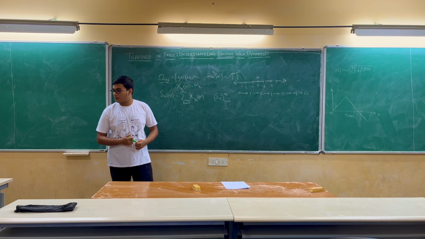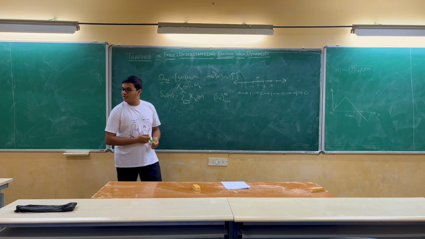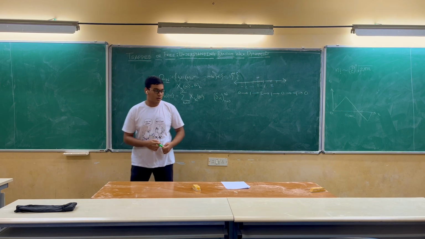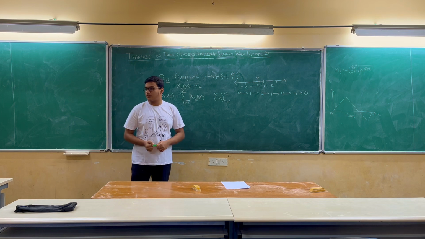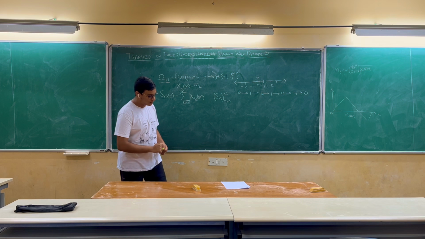I mean, what is x0 of omega then? For the purpose of the definition, if we want to make it consistent, we will just take x sub 0 of omega to be 0.